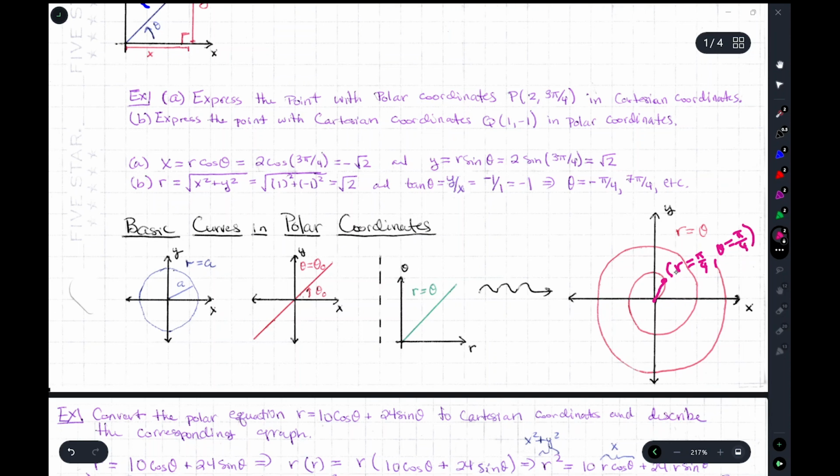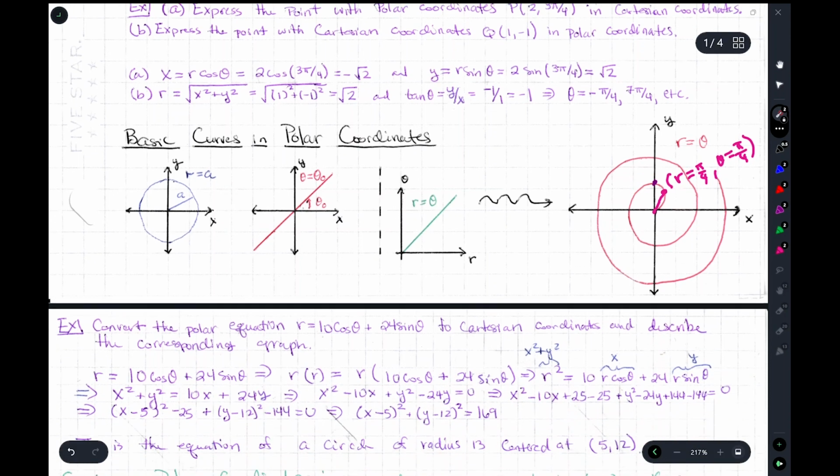Eventually you get up to pi over 2, and notice what's going on. You're just winding around. And this is how a polar curve would look when we plot it in the xy plane. But be mindful that r and theta here are on the horizontal and vertical axes respectively, and this is xy. So it's a very different beast, and they look very different.